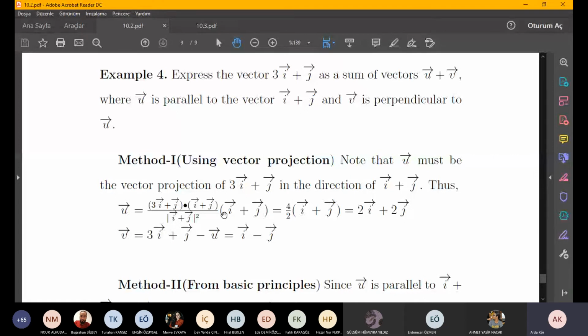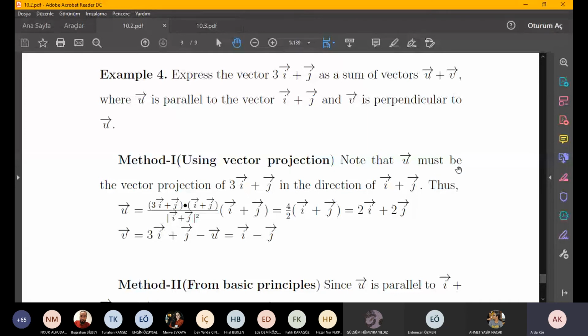This comes directly from the vector projection of 3i plus j in the direction of i plus j, and by using this you directly find it is equal to 2i plus 2j. So this is the vector u.